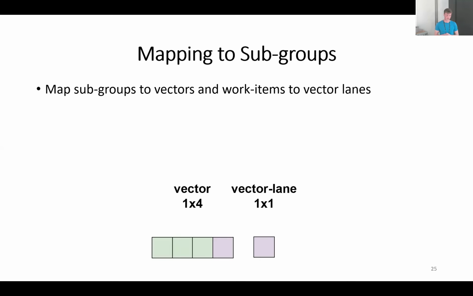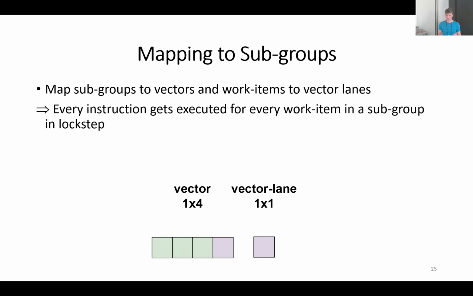So in each work group where we have a region, the subgroups have the same size, and one work item always is uniquely assigned to one subgroup. So, and now this means that we implicitly map subgroups to vectors and the work items inside a subgroup to the vector lanes of the vector.